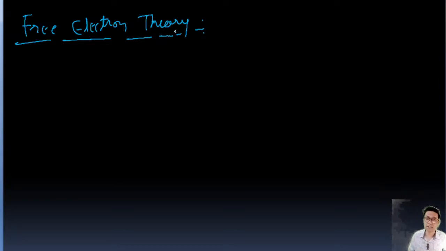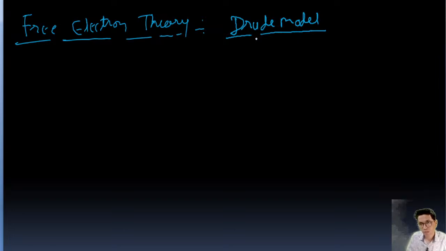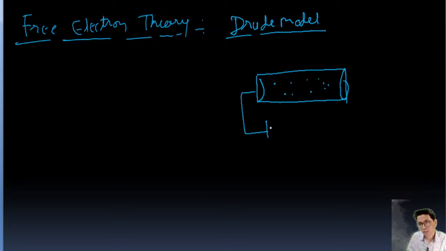It is the theory for a conductor. Suppose this is a conductor with electrons, and if it is attached to a potential V, electrons will move and current will flow. There is relaxation time and mean free path, which we have already studied in class 11th and 12th.